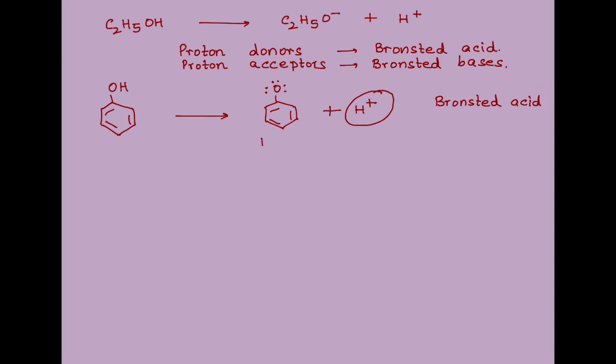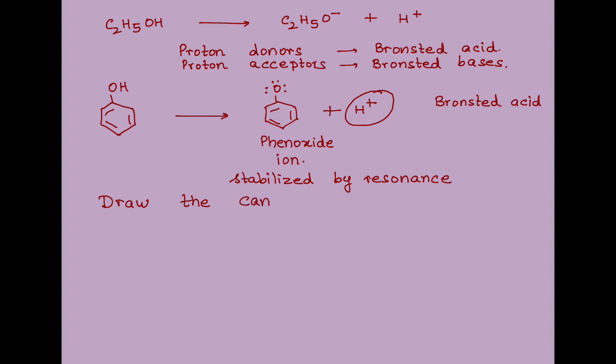What is left behind is the phenoxide ion, and we have done in the earlier videos that phenoxide ion is stabilized by resonance. So what are you required to do? Yes, you are supposed to draw. Please draw the canonical structures of phenoxide ion. I'm waiting for you to draw.